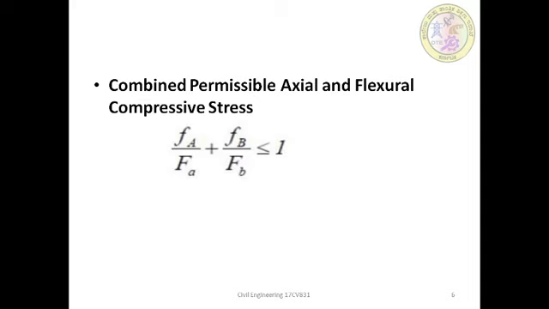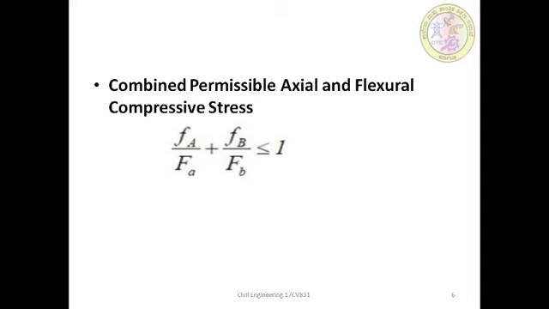The combined permissible axial compression and flexure shall be designed to satisfy the equation fa divided by Fa plus fb divided by Fb is less than or equal to 1.